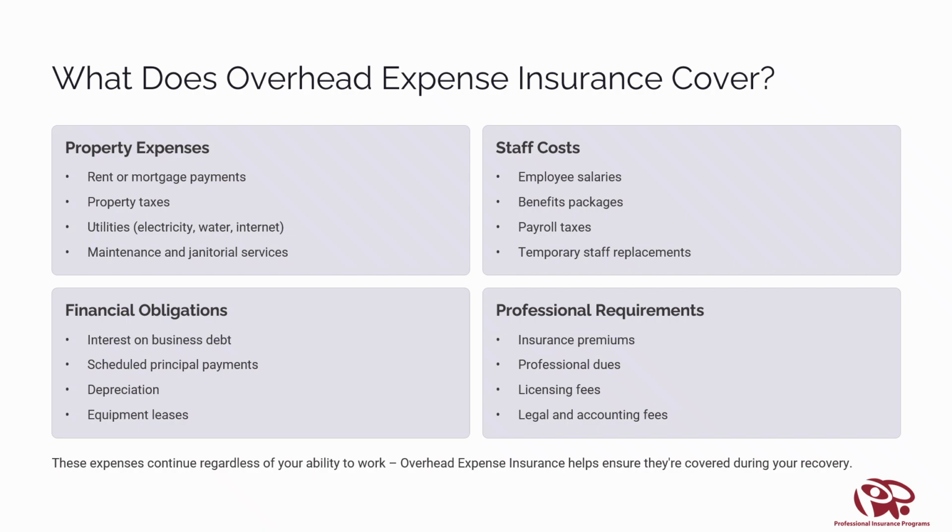Your financial obligations are included as well, things like interest on business loans, scheduled principal payments, depreciation, and equipment leases. Finally, it covers professional requirements such as business insurance premiums, professional dues, licensing fees, and legal or accounting services. These expenses don't stop when you do, and overhead expense coverage helps ensure they're taken care of while you focus on recovery.